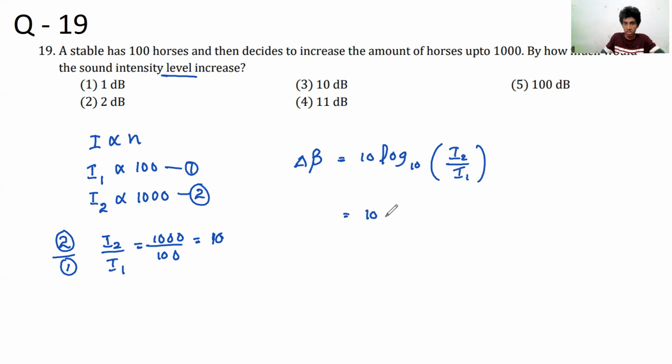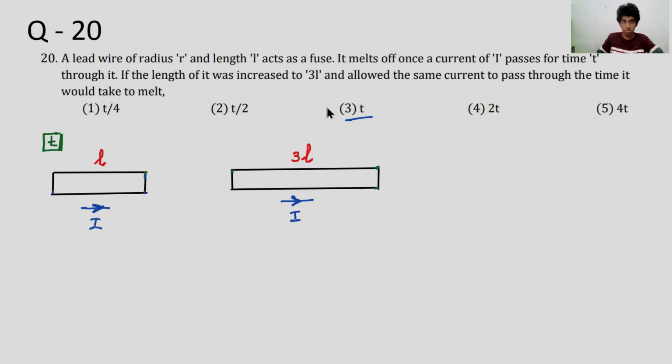So this will be 10 log base 10, 10. The value of log 10 is 1. Therefore, this will be 10 decibel. So the sound intensity level will increase by 10 decibels. So the correct answer is the third one.